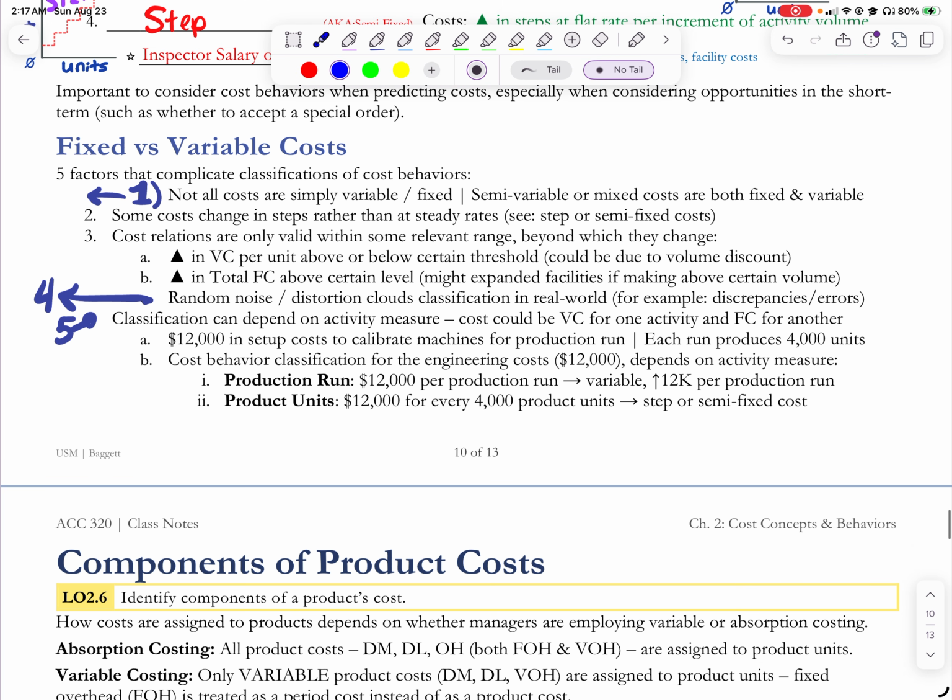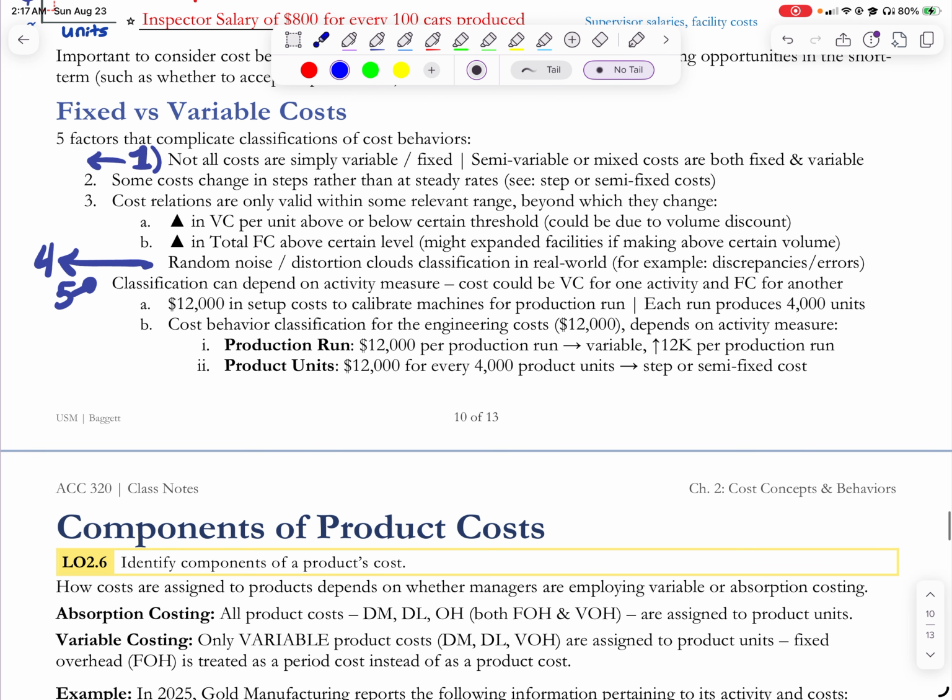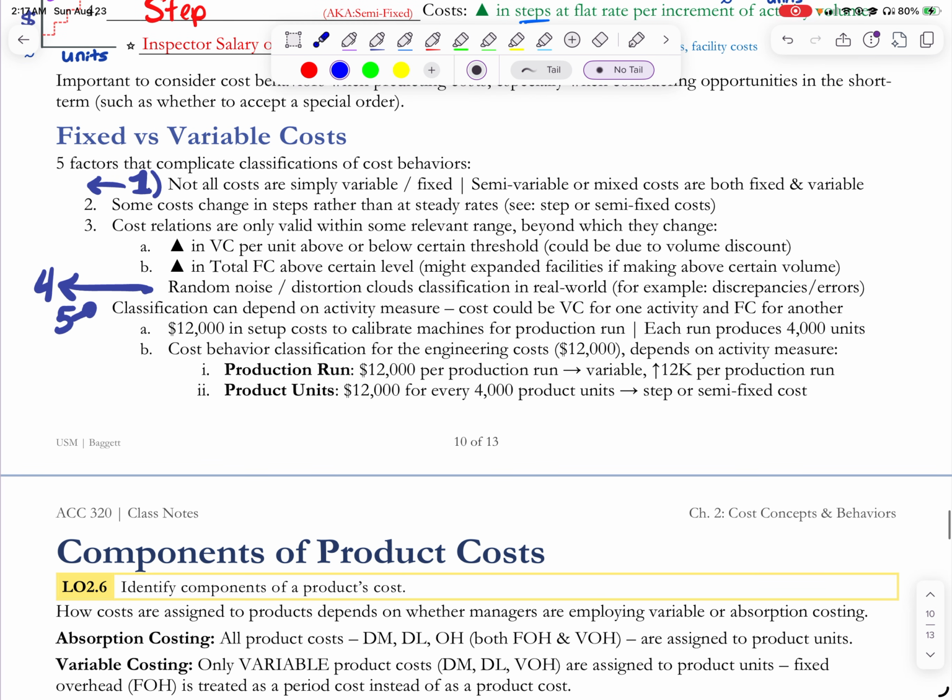There can also be random noise or distortion in the data, which makes it difficult to classify them in the real world. Sometimes there are just shifts in the price for other reasons other than cost behavior, or just weird little things that happen that cause your data to be a little murky or for it not to hold true all the time.